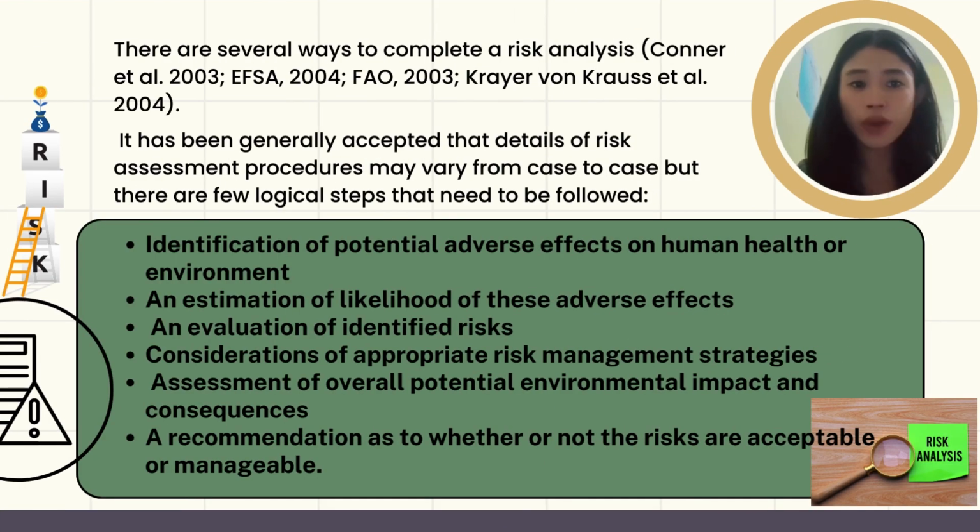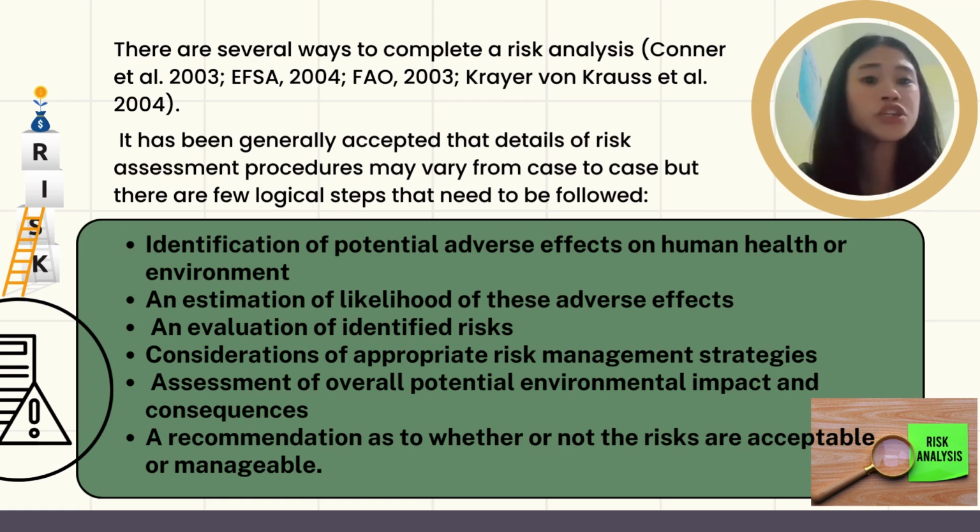There are several ways to complete a risk analysis, according to Connor et al. of 2003. It has been generally accepted that details of risk assessment procedures may vary from case to case, but there are a few logical steps that need to be followed. First, identification of potential adverse effects on human health or environment.